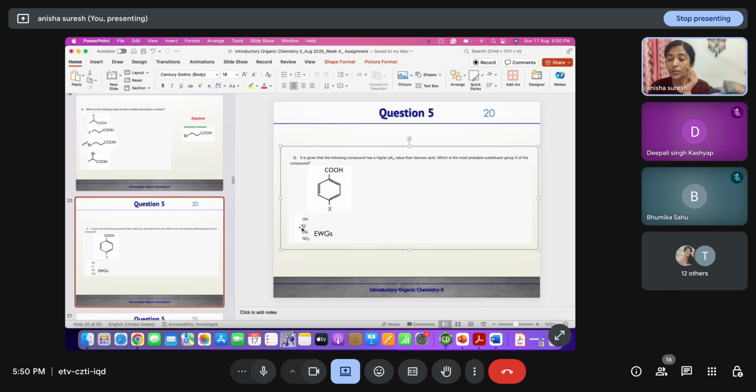So here this OH has a plus R effect more pronounced than the minus I effect, and because of that it will donate electron pairs into the ring, making the conjugate base, that is COO minus, less stabilized, and because of that it will have a higher pK value.